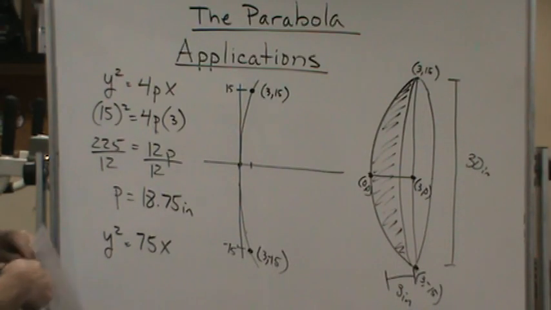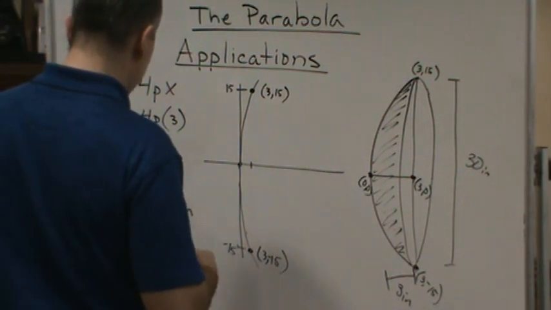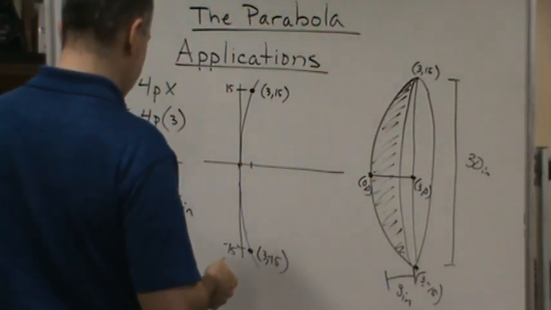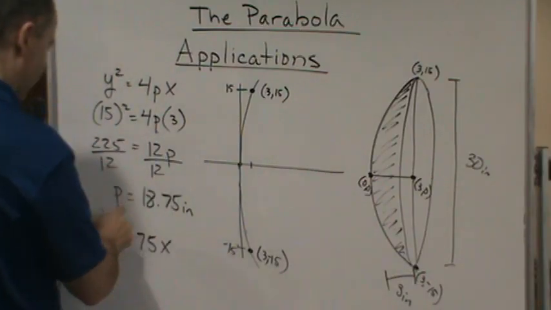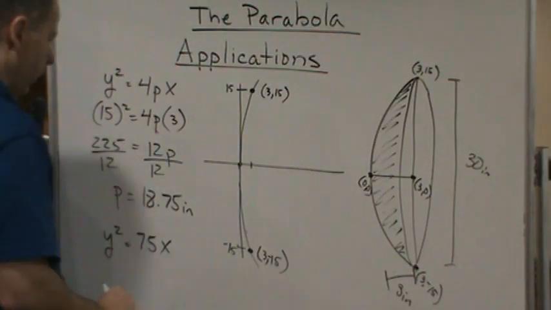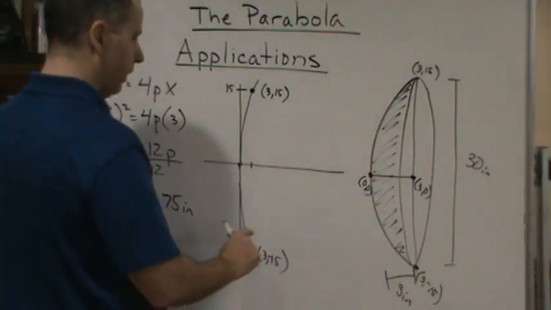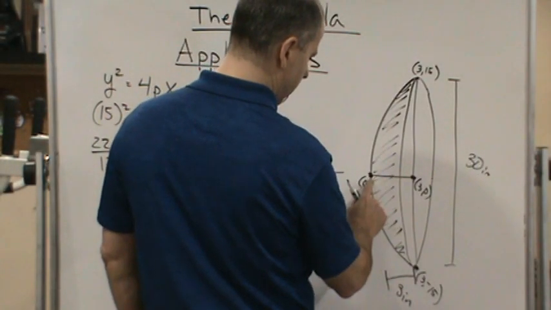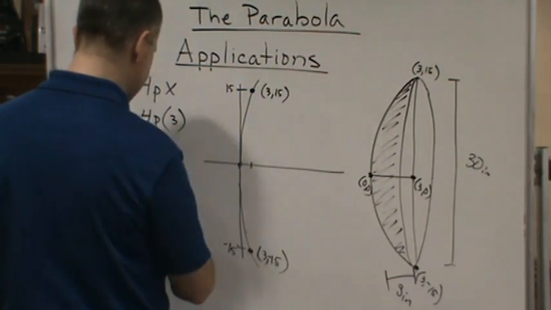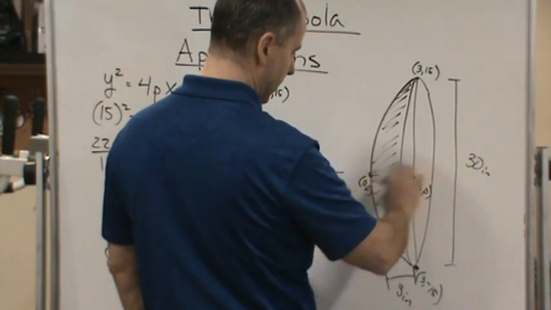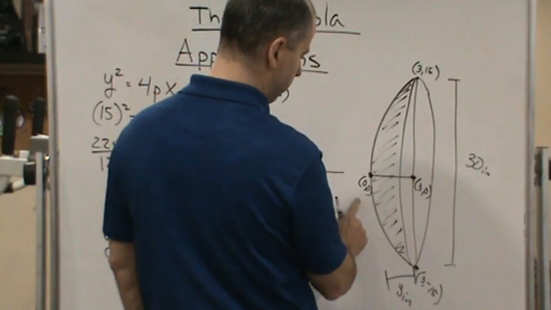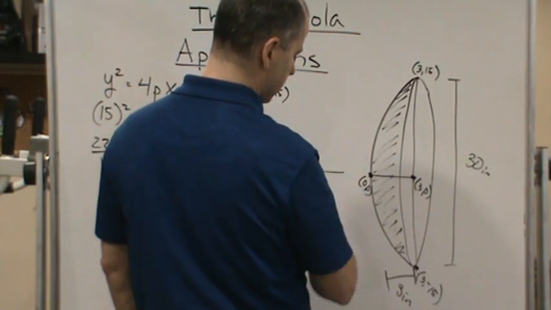So now, how do we find the focus? Well, the focus is going to be located equidistant, right? So we know p, right? Since we know p, we're going to want the receiver to be located 18.75 inches to the, in this case, because it opens to the right of your vertex, which is at the origin.